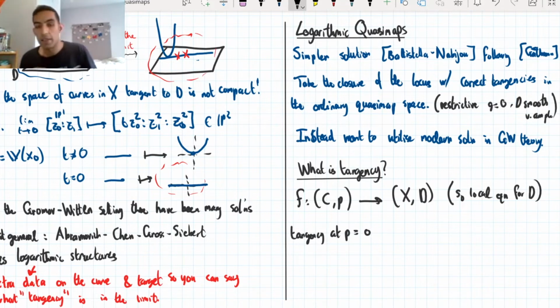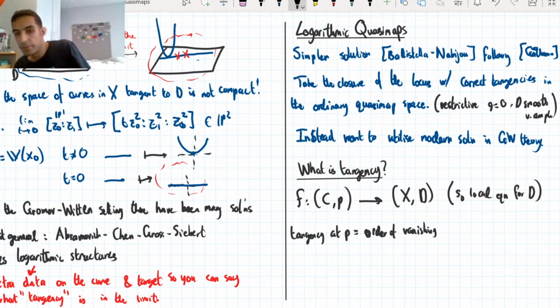What that means is I take the equation that cuts out D and pull it back to the curve and see to what order it vanishes at P. So it's the order of vanishing of the pullback of the equation that cuts out D at P.